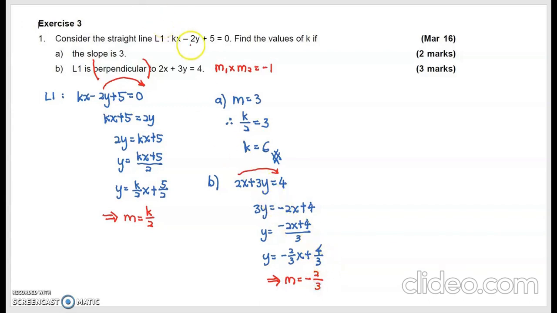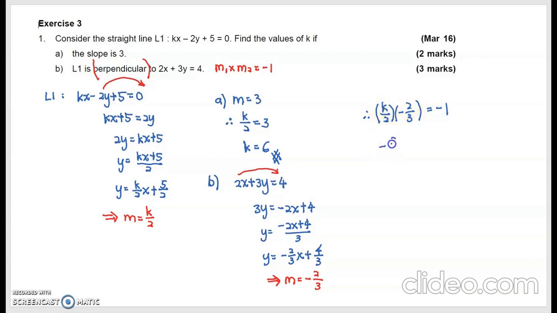So now I want to find the value of k, where m1 times m2 is negative 1. So means that k over 2 multiplied by this gradient or this slope, negative 2 over 3, will be equals to negative 1 because they are perpendicular. So I can multiply, let's say k times 2.